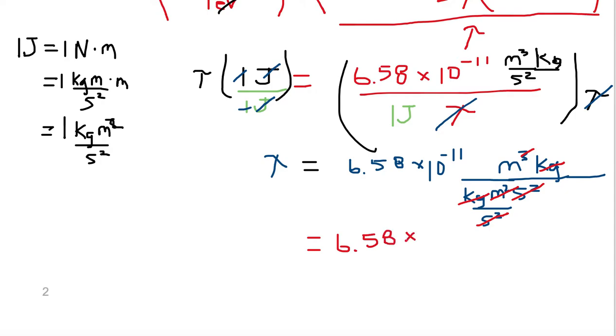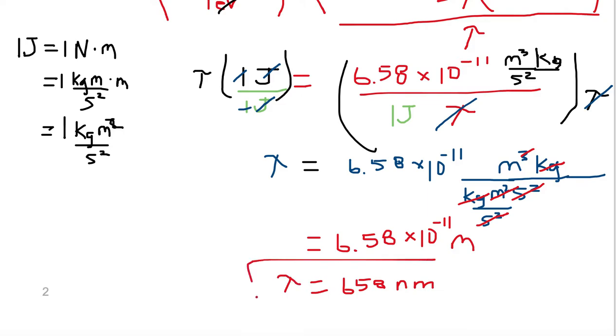But it asks for units of nanometers, and nanometers are 10 to the minus 9 meters. So we would need to move the decimal place 2 places to the right to give us 658 nanometers. And that is our final answer. We now have our wavelength. So I'll box my answer.